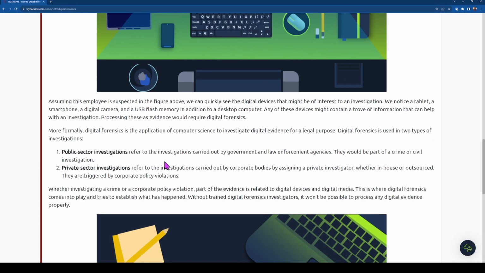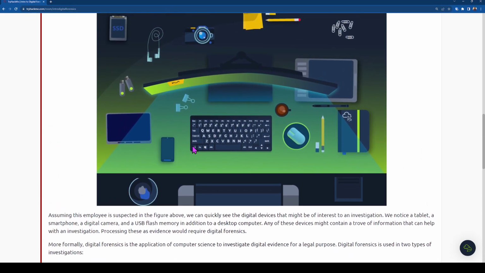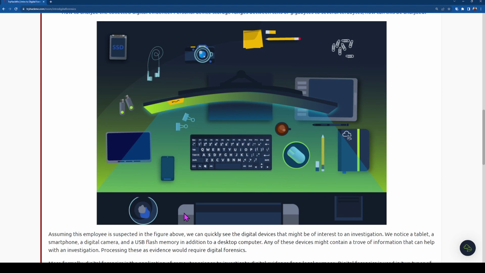Assuming this employee, okay, let's see. So our next thing started with assuming an employee is suspected in the figure. So what do we have here? Coffee pot, keyboard, something written on our screen, a sticky note.